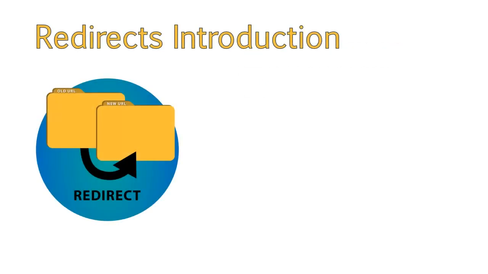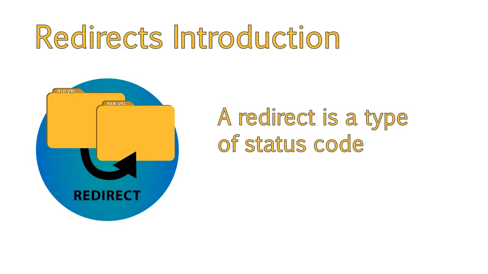In a past lesson, we discussed a variety of HTTP status codes. Other types of status codes are redirects. At times, a webmaster may decide to remove a page from their website or replace that page with a newer, more updated page.